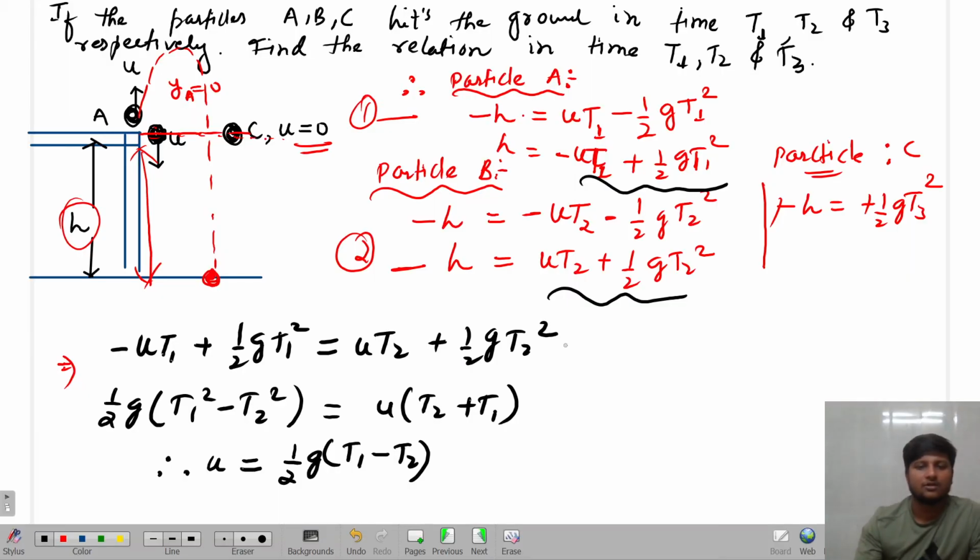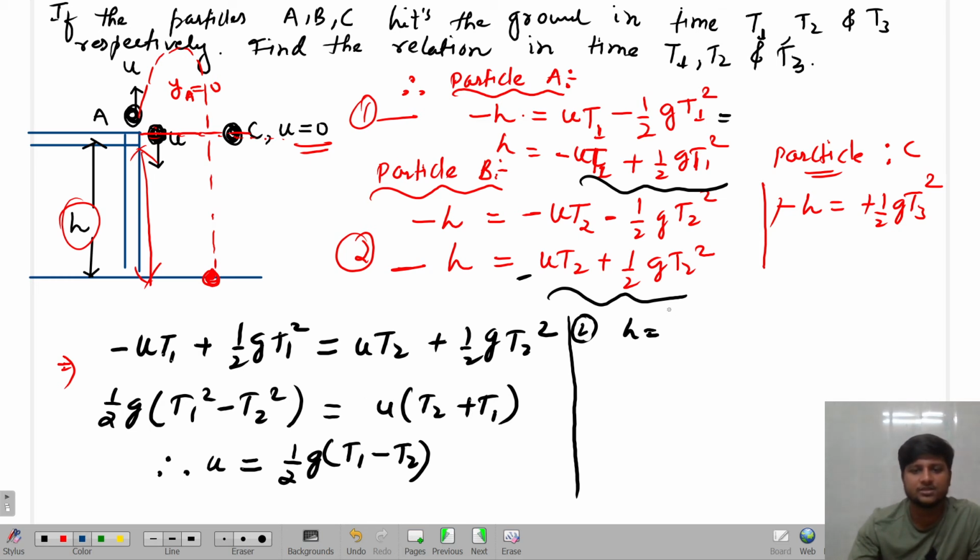Okay. Now, based upon this, you try to put this initial velocity over here in any one of the equations. So I'm writing in equation 1. So h is equal to minus u, and u is how much? Okay, put it in the second equation. It will be very easy because already I have considered the second equation.